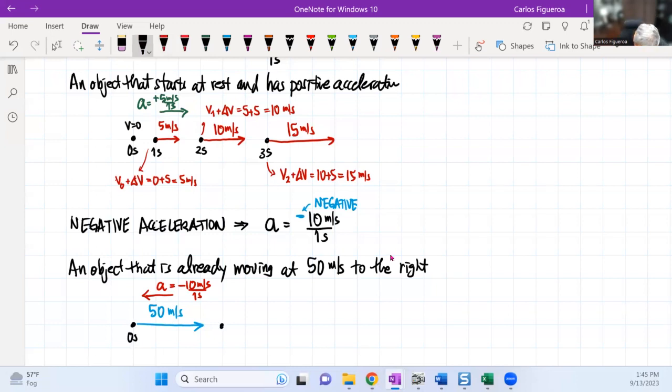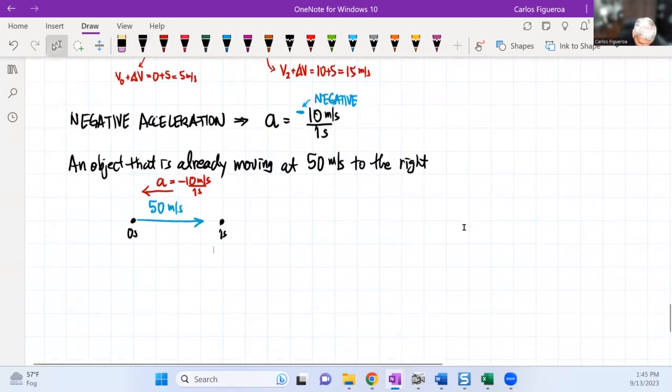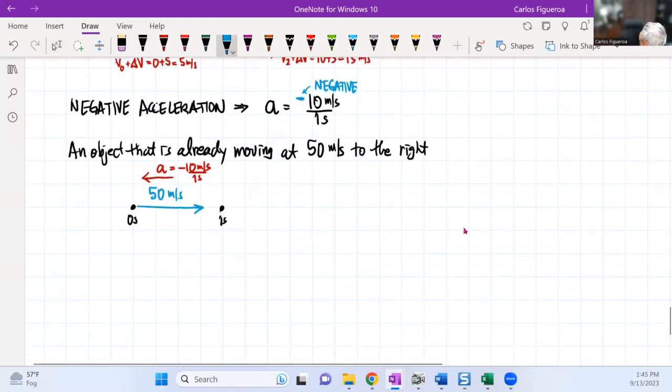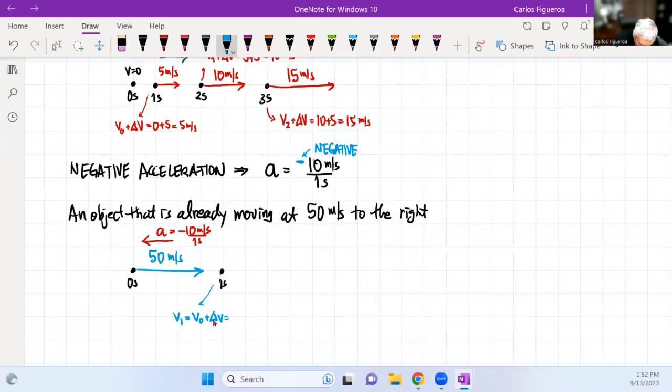So at 1 second, playing the same game as before, speed 1 is going to be v initial plus this change in velocity. You can see here that I'm at 50 meters per second, but then I changed my speed by 10. So now I'm at 40 meters a second.